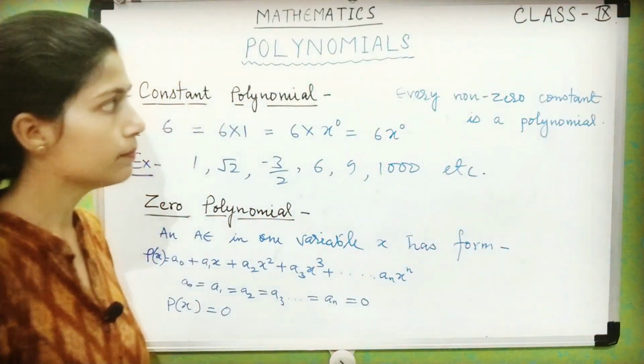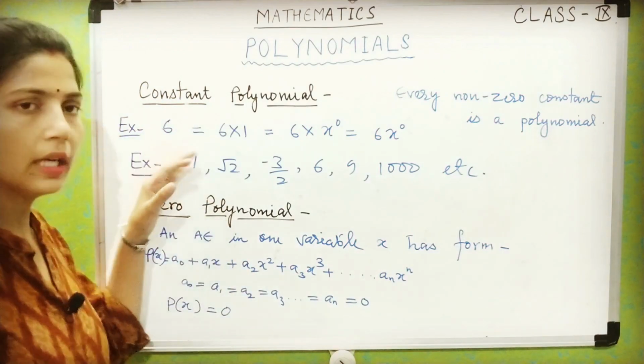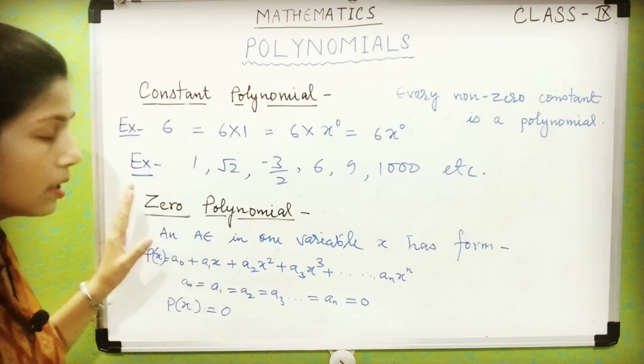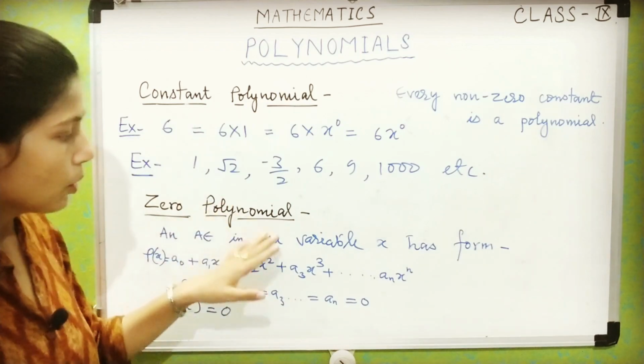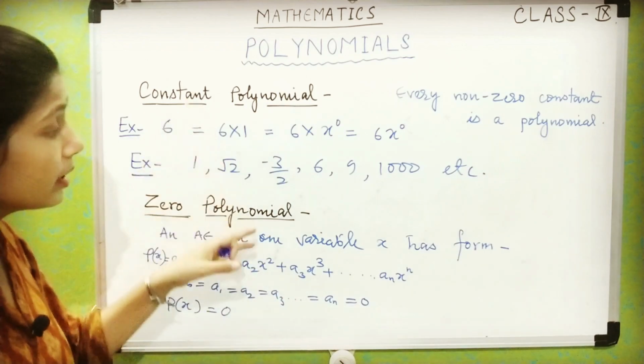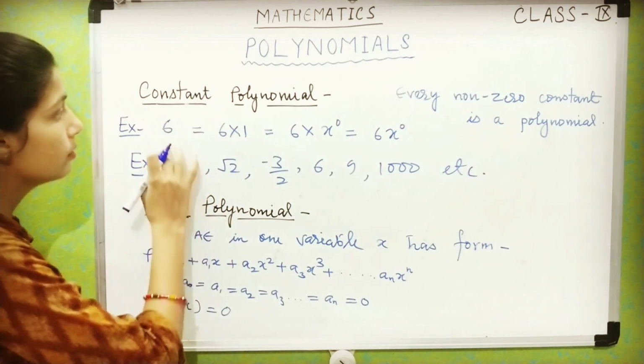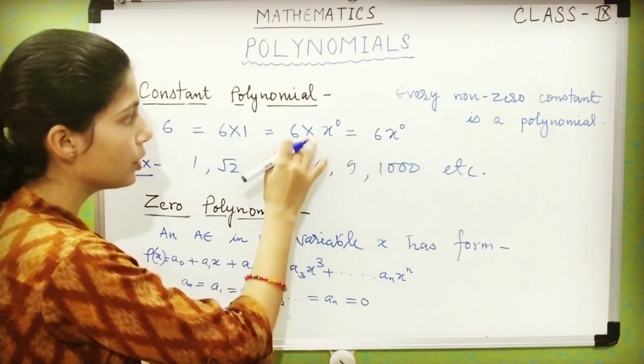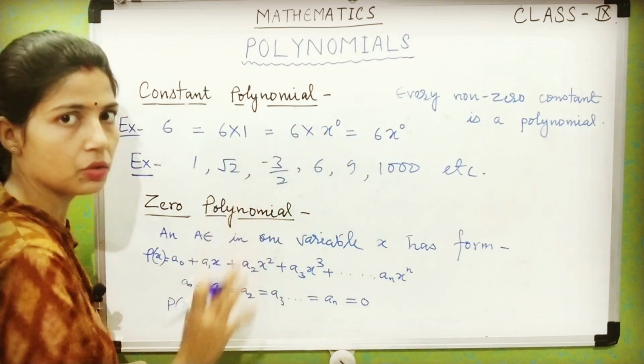Except 0, if you take any constant, that will also be a polynomial, and 0 only is the zero polynomial. Now we discuss their degree also. You can write any constant in this form by putting, in place of 1, x raised to power 0.